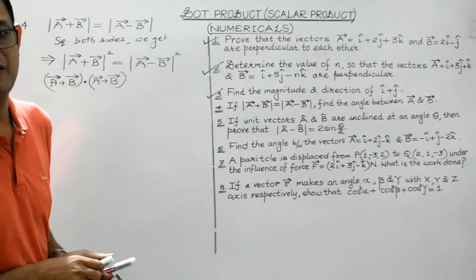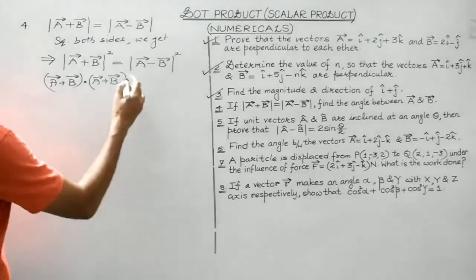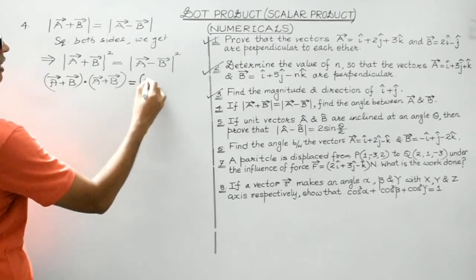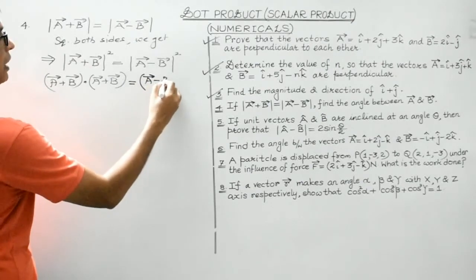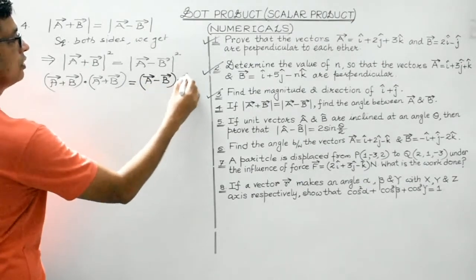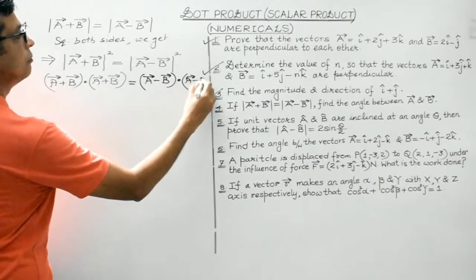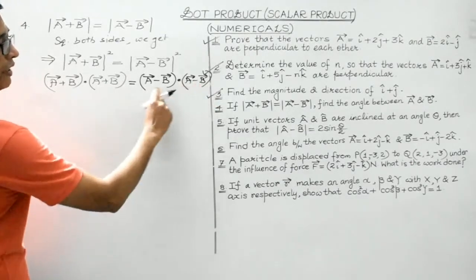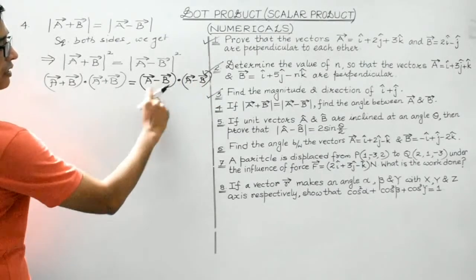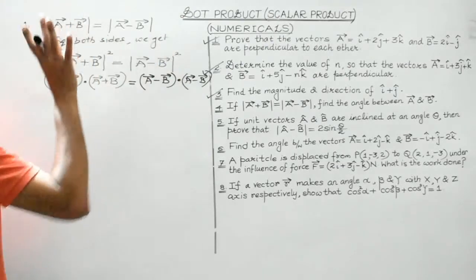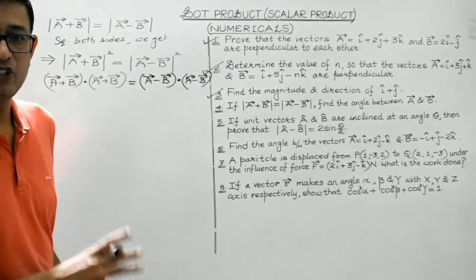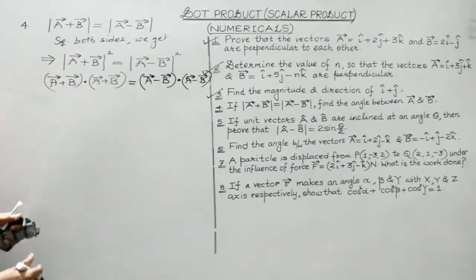This is the property I have employed over here, right? Similarly, this can be written as a vector minus b vector dot a vector minus b vector. These are the two equal vectors. The dot product of two equal vectors will give us the square of its magnitude. I think it's perfectly okay. Now let's solve it, right?